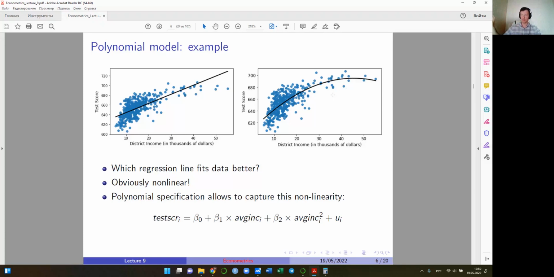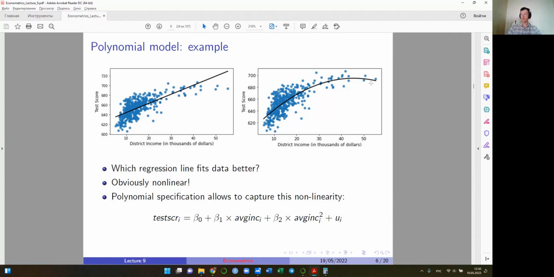It will be a very nice and very large r squared. But if you want to make some out of sample predictions, this polynomial will fail with a large degree of certainty.